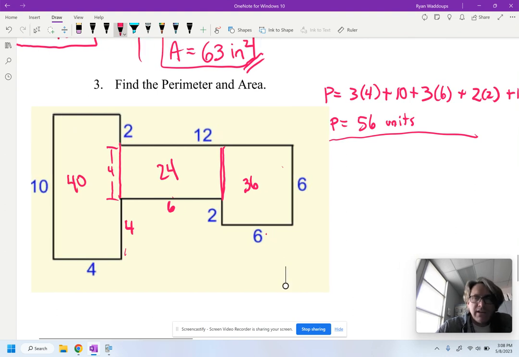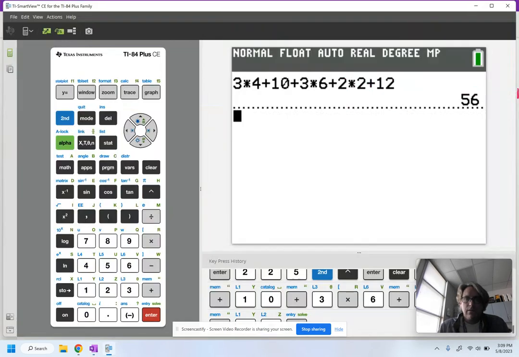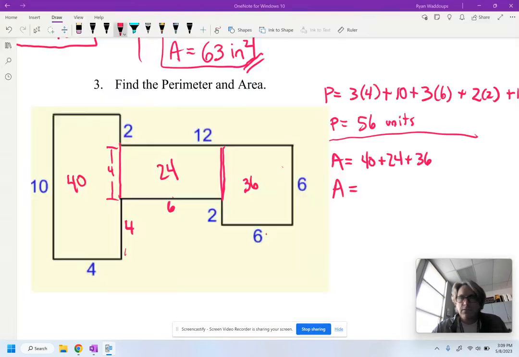And so my area altogether would be the areas of each of those parts added together. So I've got 40 plus 24 plus 36.